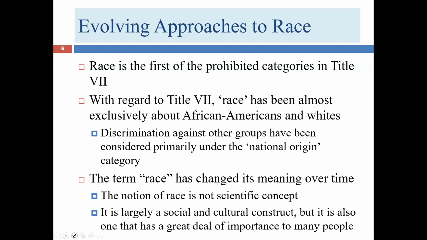But the idea of race is not an idea that scientists recognize. There is no DNA that we can look at that would tell someone, that person is European or Caucasian, that person is Korean, that person is Hispanic, that person is African. There is no gene.